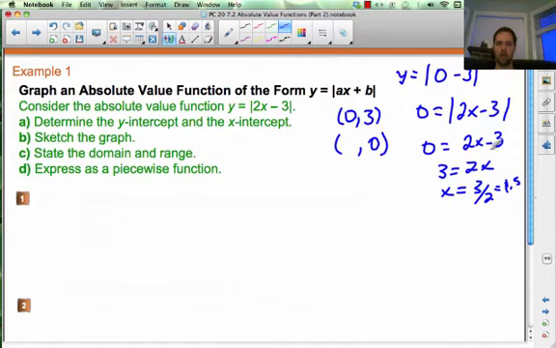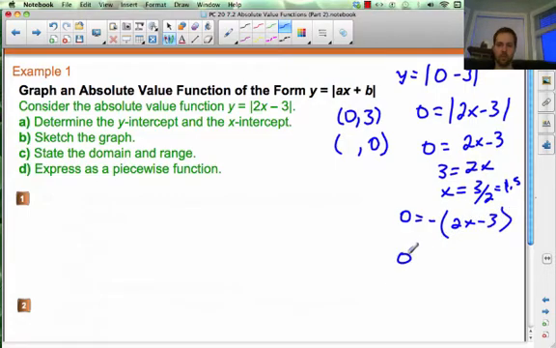Now the other scenario is that if 2x is less than 3, then what's inside here is going to be negative. So let's say x is 1. Then 2 times 1 is 2, minus 3 is negative 1. And then we take the negative of this whole thing in brackets. So it would be 0 equals the negative of 2x minus 3.